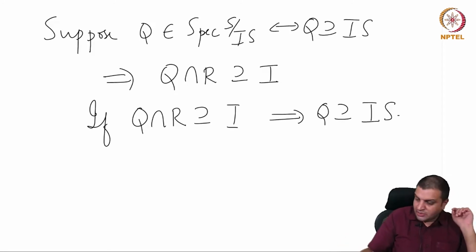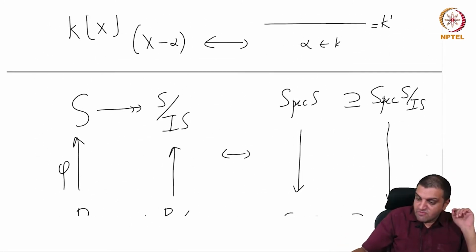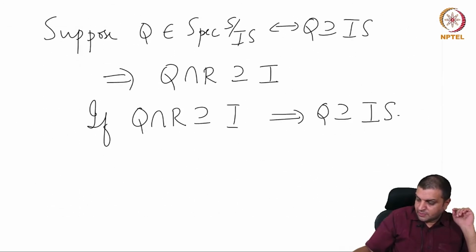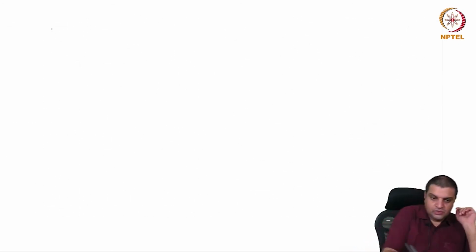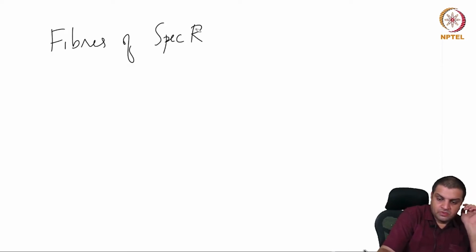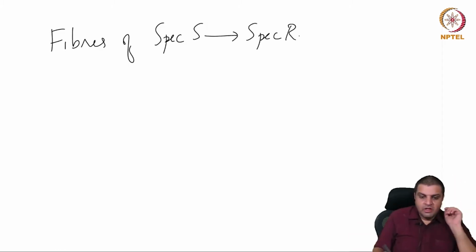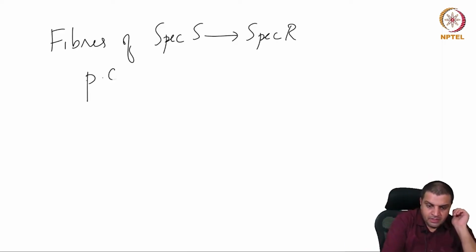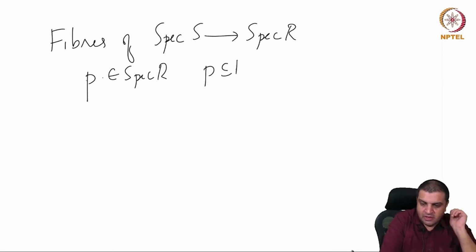Now we would like to understand the fibers of this map, spec S to spec R. Okay, so what are points here? A point here is a prime ideal P inside spec R. That means P is a prime ideal of R.